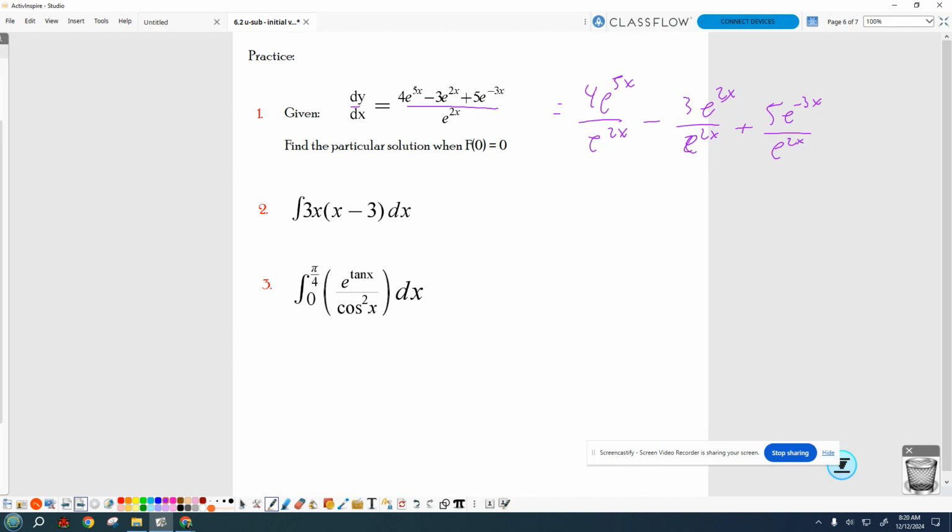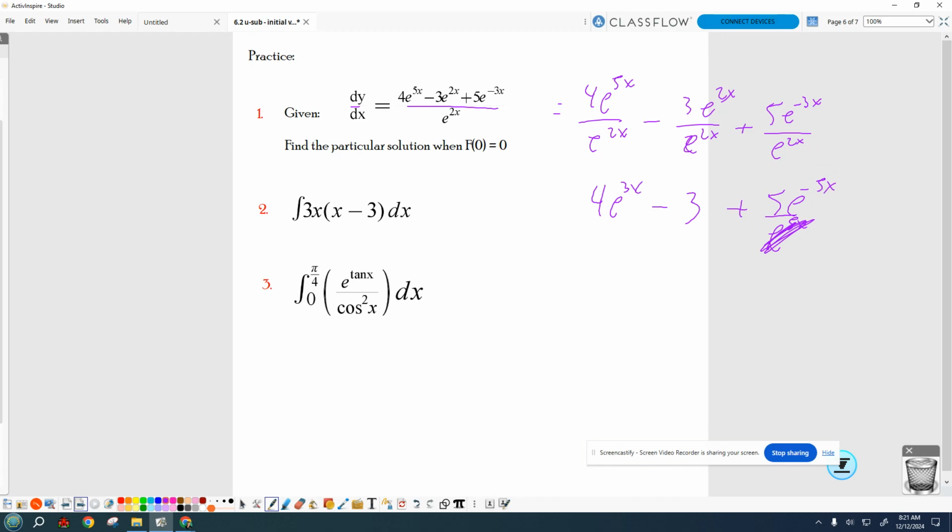Don't leave it like that. How do we deal with exponents over exponents? Subtract them. And this one, I could write it as 5 over e to the 5x, but I would do what Evan did in the very beginning and make it like that.